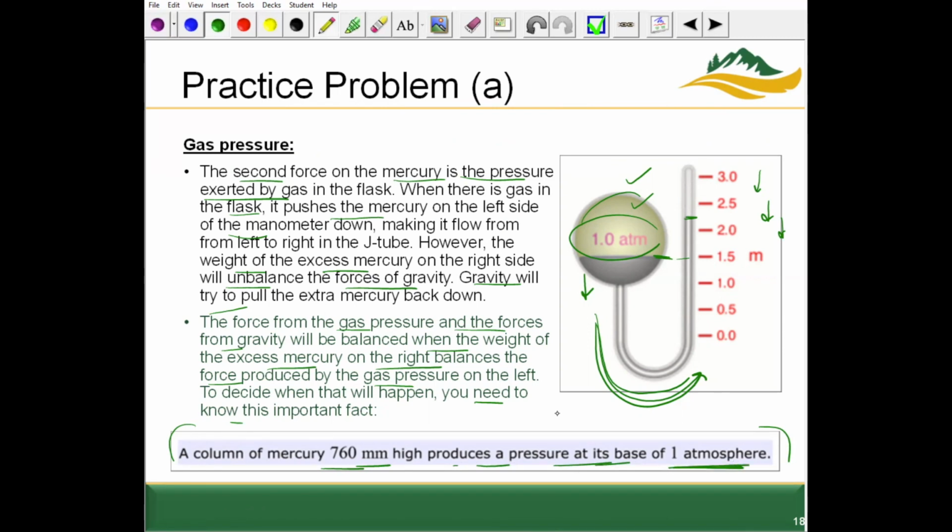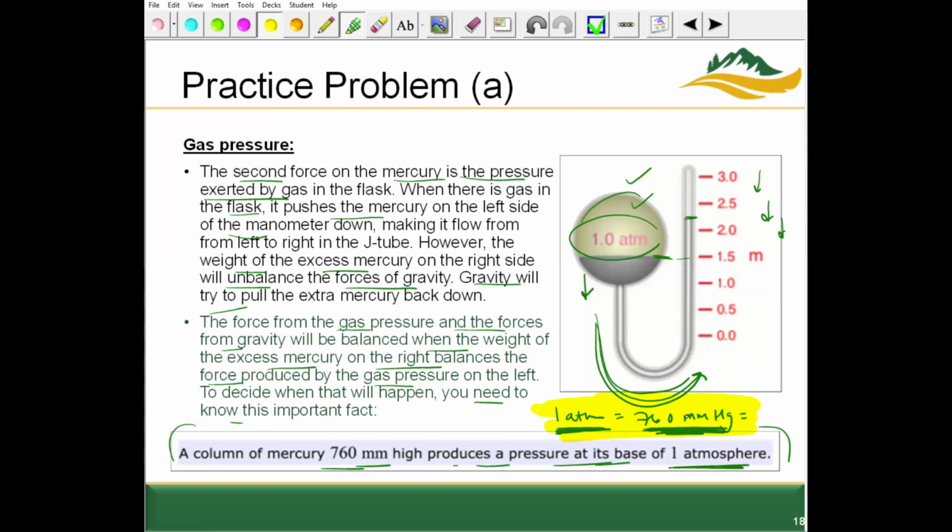Remember the pressure conversions we looked at? 1 atmosphere is equivalent to 760 millimeters of mercury, or 760 torr as well. So a column of liquid mercury 760 millimeters in height produces a pressure at its base of 1 atmosphere. We're going to keep this important fact in mind as we're solving our practice problem.